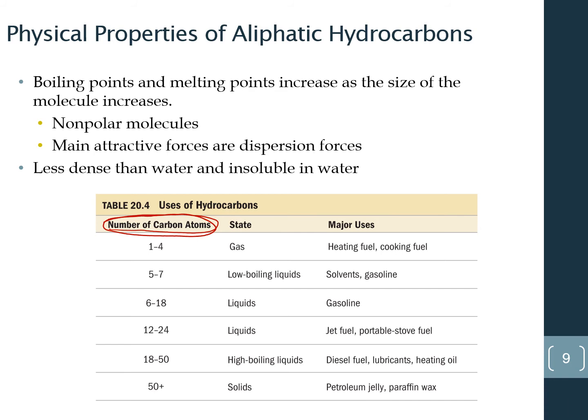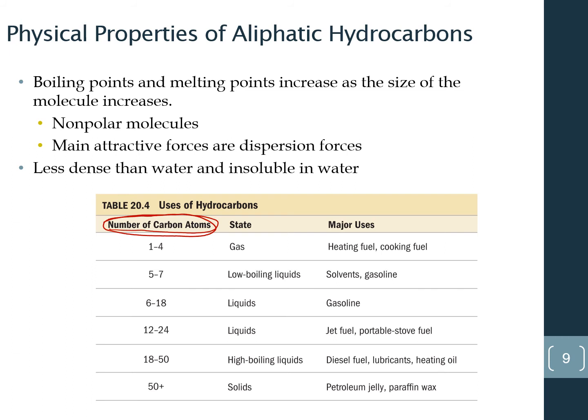Now, when the number of carbons starts increasing, you see 5 through 7, the physical state is different. You now have liquids. The larger they are, the more intermolecular forces you will have, and now it's possible to have those types of compounds in a liquid state at room temperature.